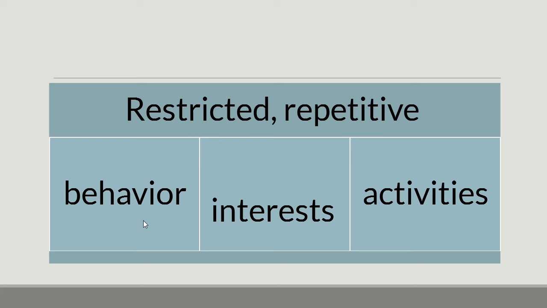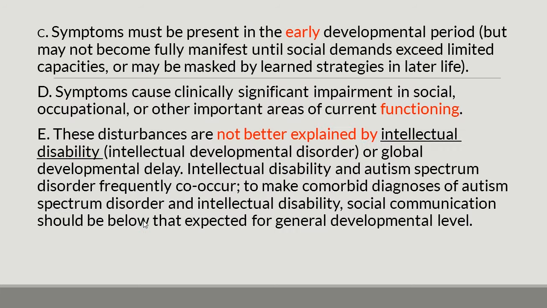So again, we have restricted, repetitive behavior, interest, and activities. The C criterion is that it must be present early. The D criterion is the impaired function, and the exclusion criterion, particularly intellectual disability. And thank you very much.